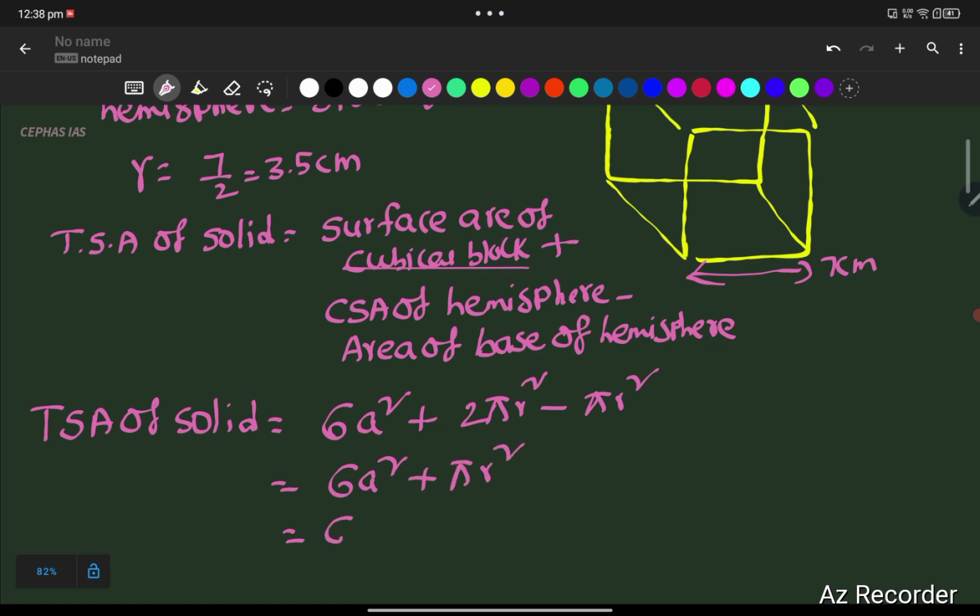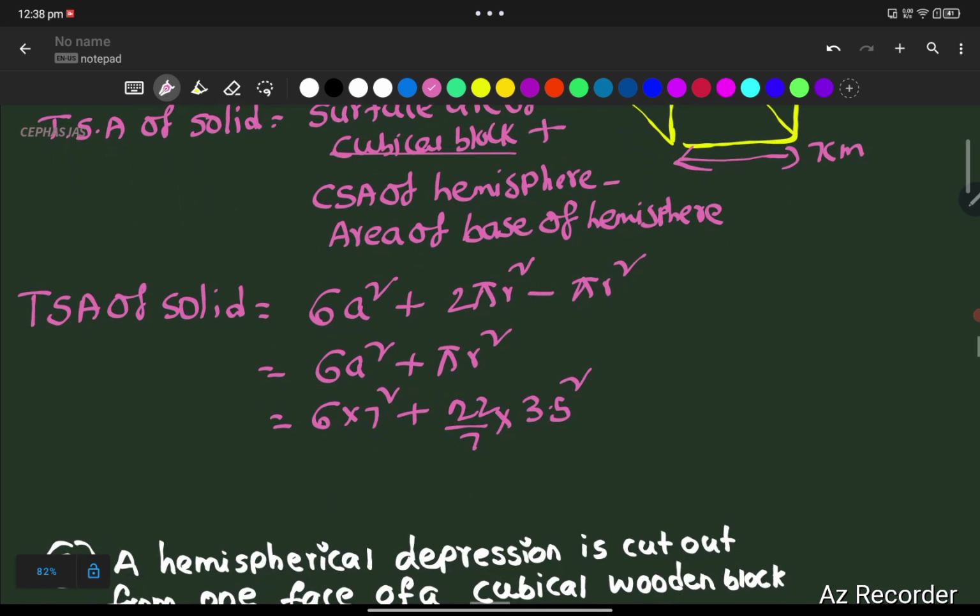Substitute all the values: 6 into a square, because the side of the cube is a, 22 by 7, and our value we know was 3.5 centimeters. If you calculate that, it will be 294 plus 38.5, almost I think 332.5 centimeter square. So these are the 4 questions.